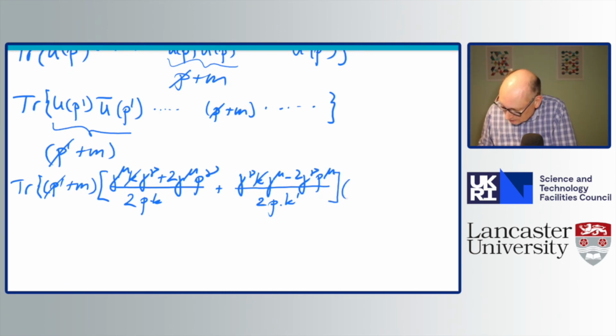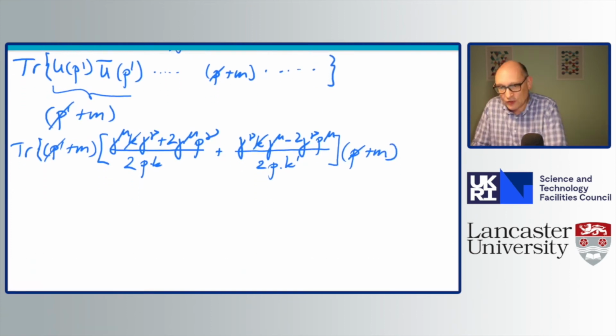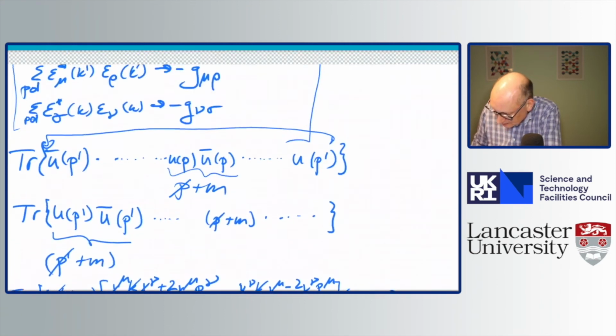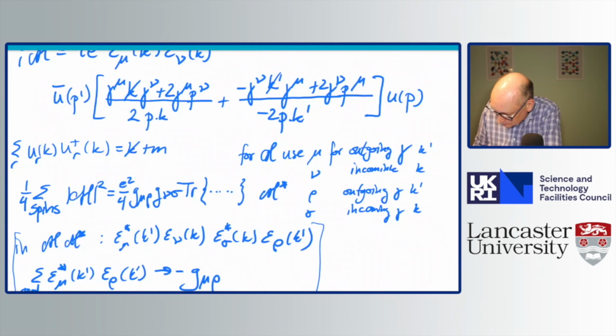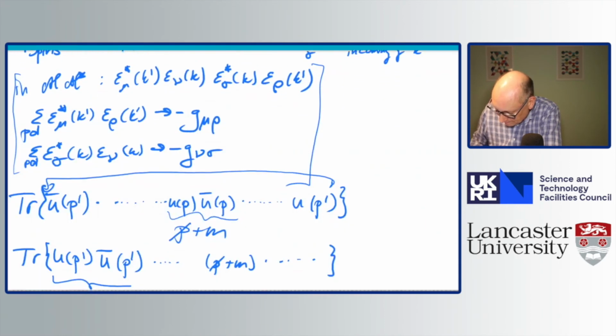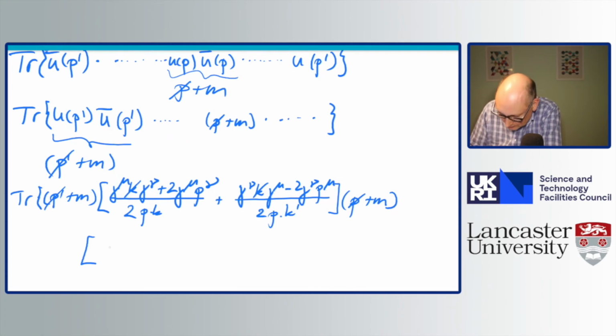Now then comes the p slash plus m, and now we have to take the gamma matrices in the opposite order. And remember that before, whenever I wrote a mu, I now have to write a rho, and whenever I before wrote a nu, I have to write a sigma. So what I have here, let's write them in the same order in the addition as they come up here.